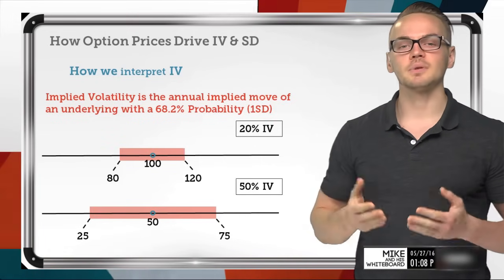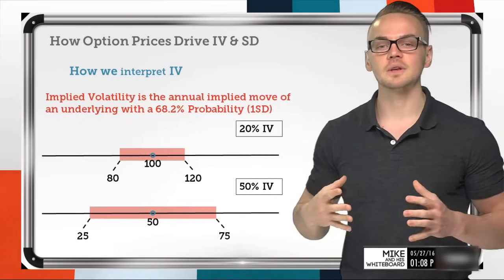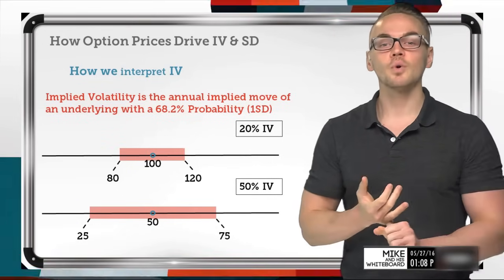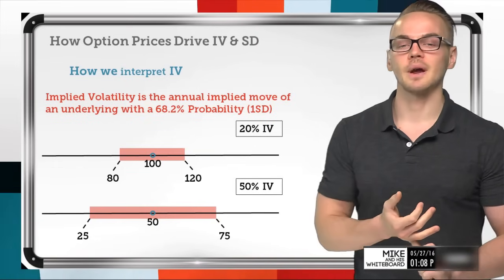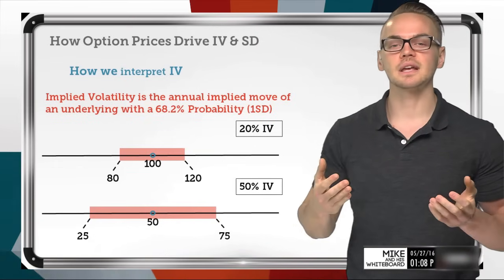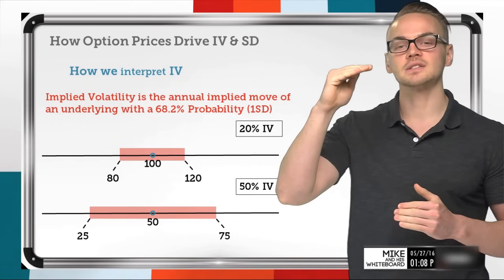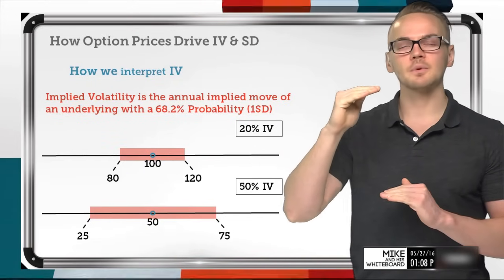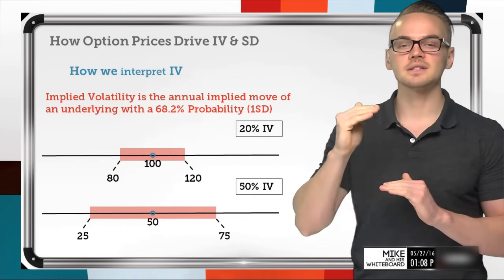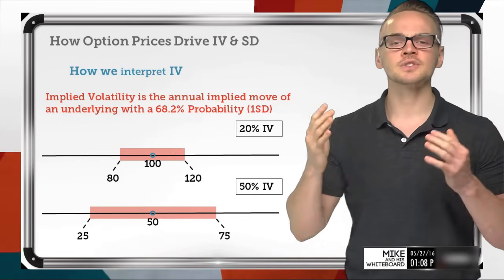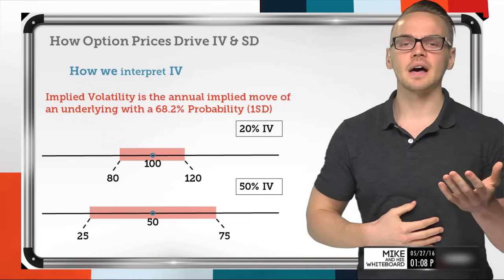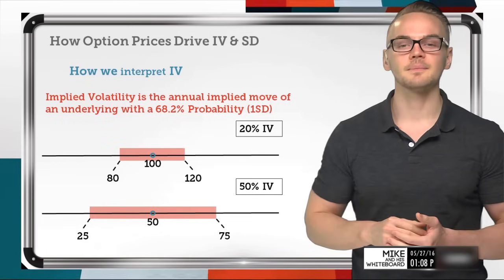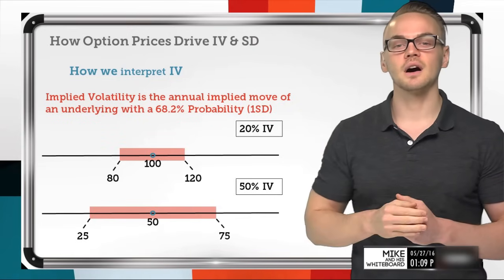So if we think about implied volatility, there's two metrics that we use to put context around it. Number one, and the most basic, is IV rank. With IV rank, we're really just looking at the high of implied volatility over a certain time frame and the low of implied volatility, and we're measuring where the implied volatility is at now. So let's say we had an underlying that had a low implied volatility of 50% and a high implied volatility of 100%.